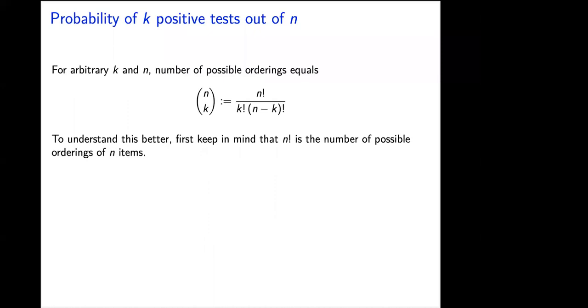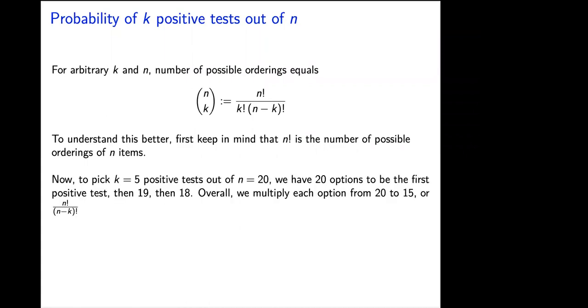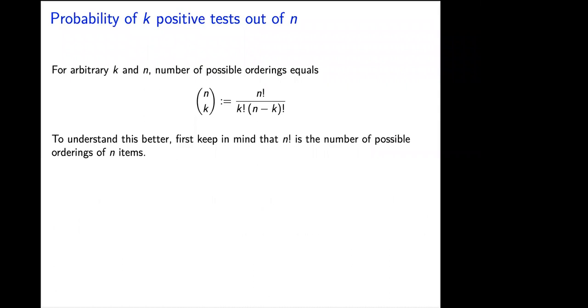Why is that? So first, let's remember that N factorial is the number of possible orderings of any N items, which in this case of the 20,000 tests would be like 20,000 times 19,999 times 19,998, et cetera.